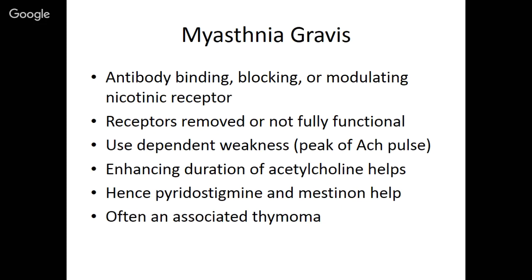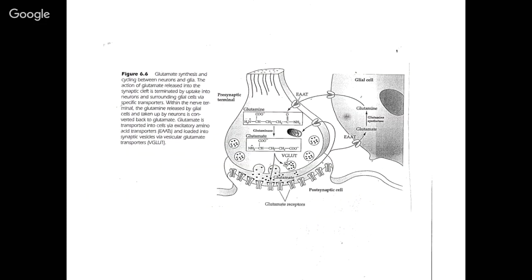That's why the Mestinon, which actually blocks the acetylcholine esterase, helps a bit. Myasthenia gravis is associated with thymoma. The connection, I think, is still a little ambiguous, but it's something we look for because of frequent comorbidity.